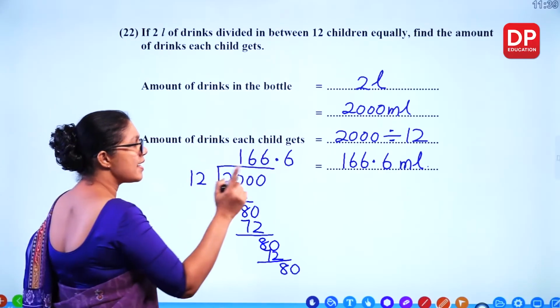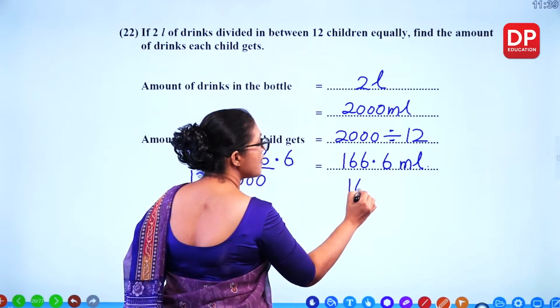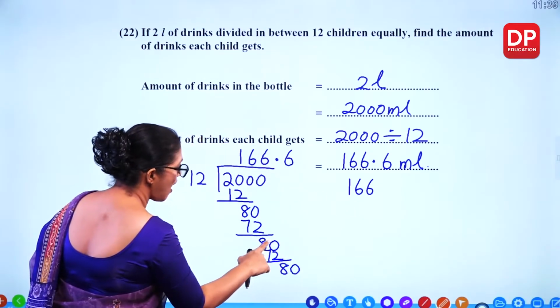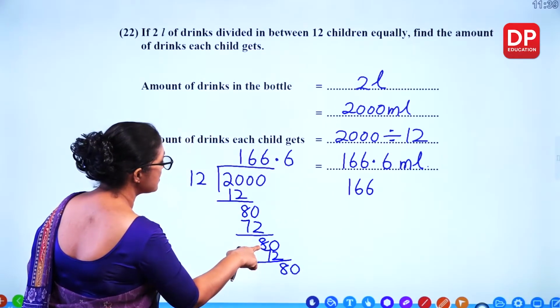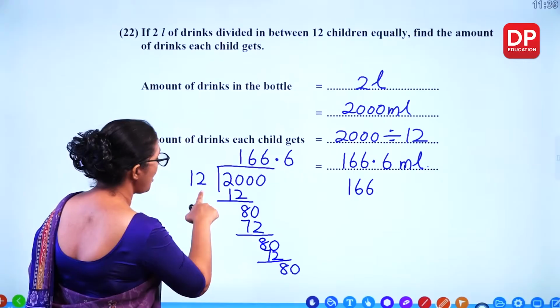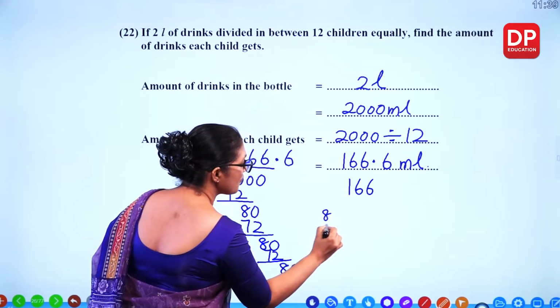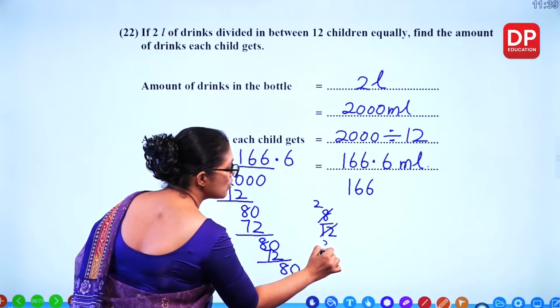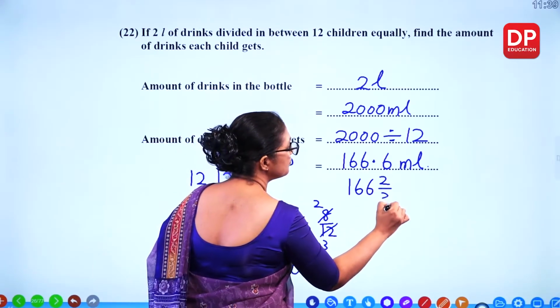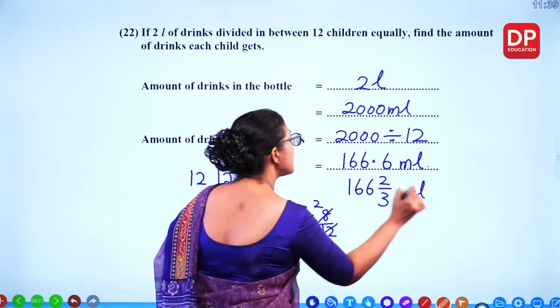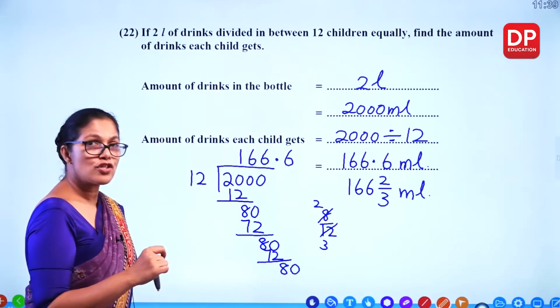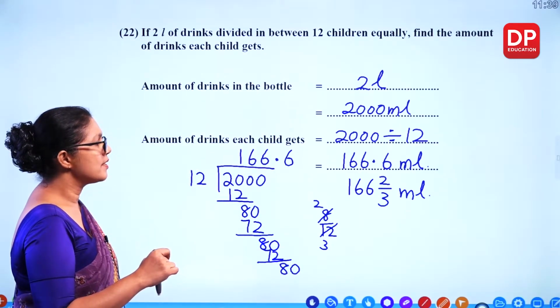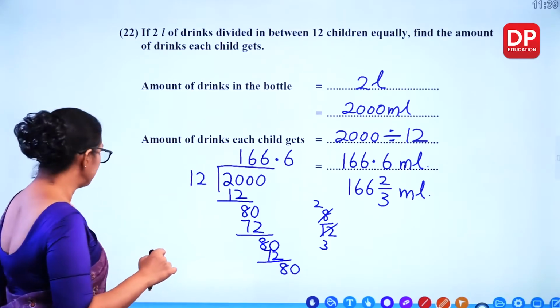Or I can write it as a fraction, 166. After this, 8 remaining out of 12. 8 over 12 divided by 4, you get 2/3. So I can write the same thing as a fraction, 166 2/3 milliliters.